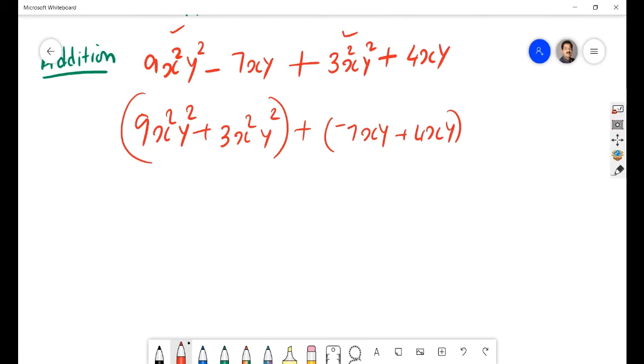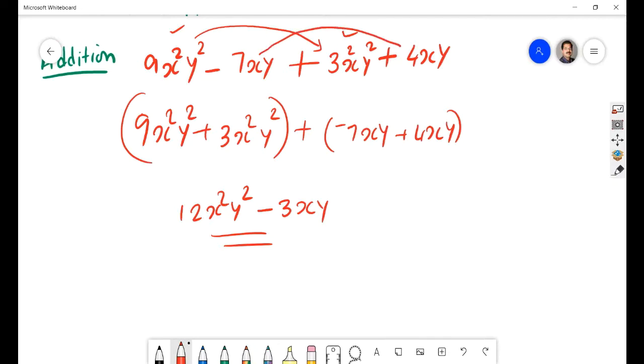Now this we will do together, which is equal to 12x square y square, and minus 7xy plus 4xy is equal to minus 3xy. This will be the answer. That means you will carry out from here to here, then with this to this. We call this a horizontal arrangement, as we are keeping it horizontally.